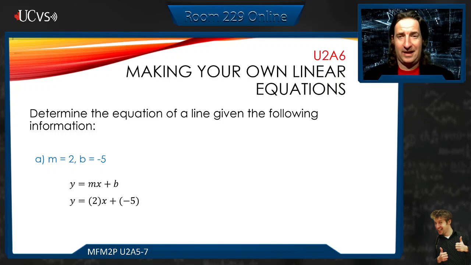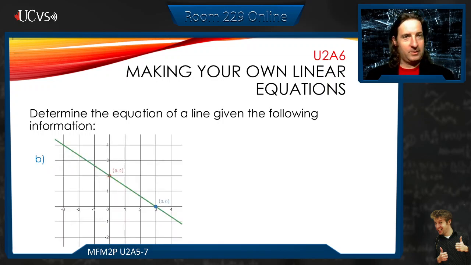And all that happens really is we get y = 2x - 5, and we're done. That's it. So we put our 2 in here, we put our -5 in there, and we're finished. That's very straightforward. Just be careful here. Plus -5, right, it becomes minus 5. So whatever the sign is on the b is the sign that happens in between. Okay. If it was b = 5, this would be 2x + 5.